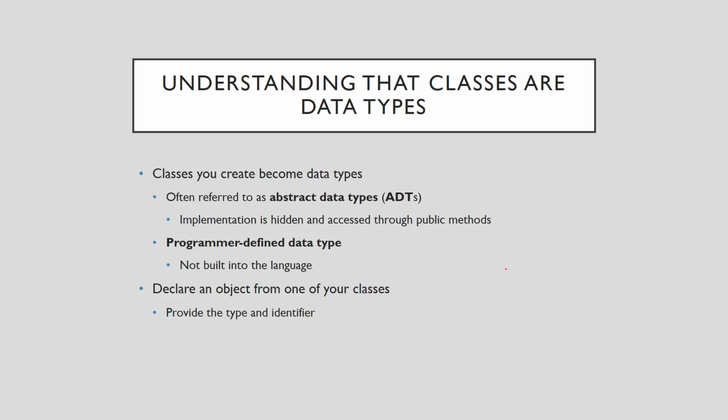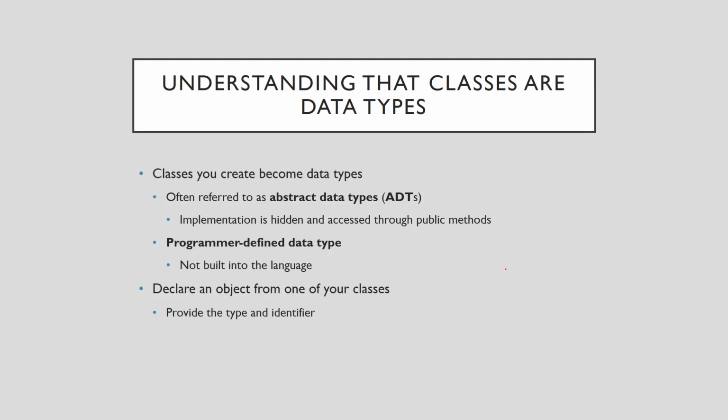Now, the class that you have created can be used as the data type for the reference variable, and it is often referred to as the abstract data type or ADT. For the ADTs, the implementation is hidden and the data can be accessed through its public methods.